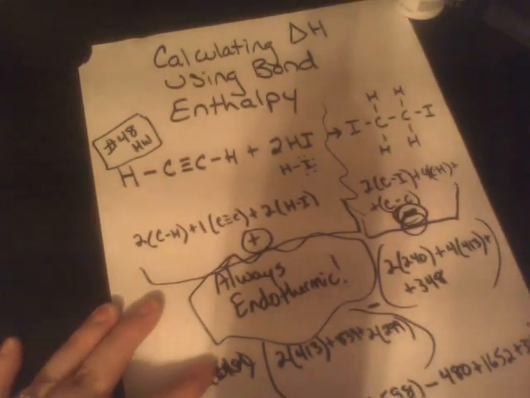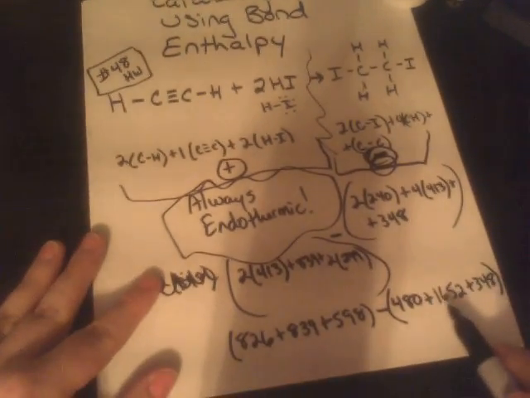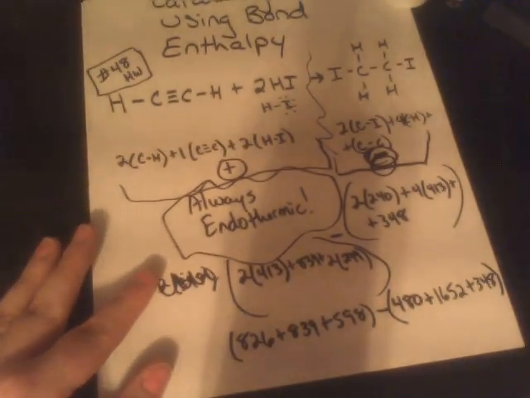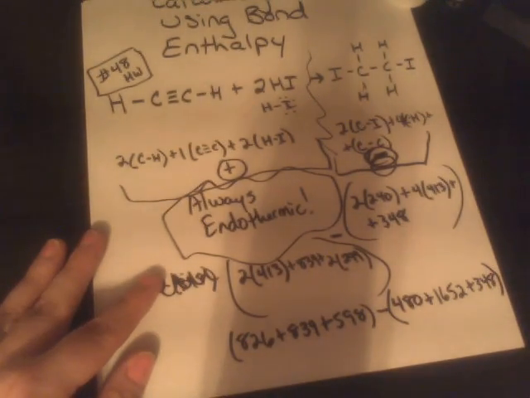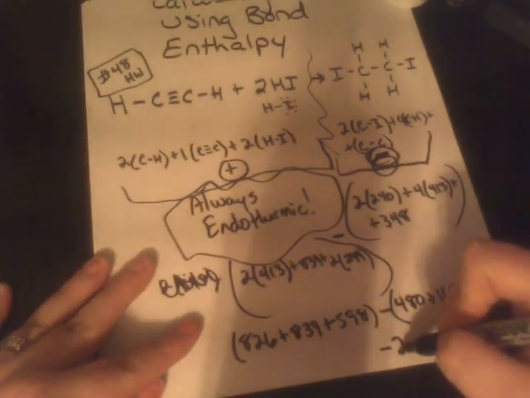And then remember, we need a parenthesis because this whole side's going to be negative. So then I'm going to do 826 plus 839 plus 598 minus 480 minus 1652 minus 348. All that comes out to negative 217.